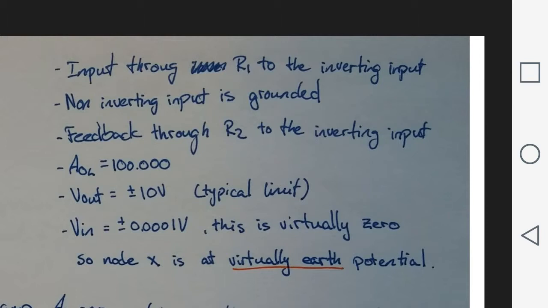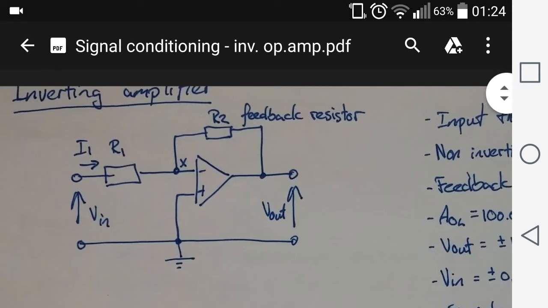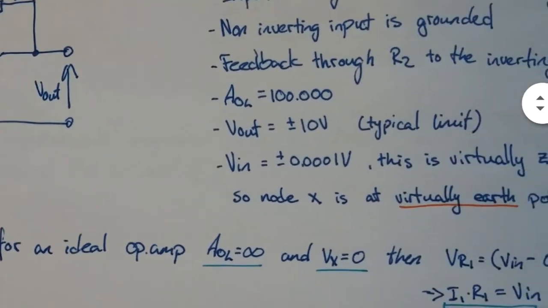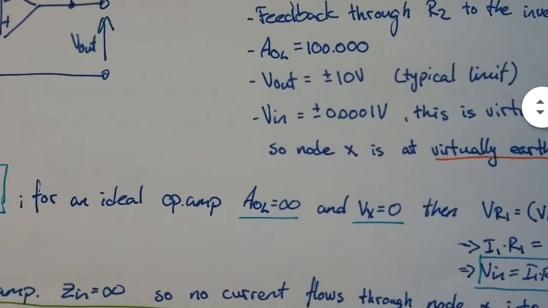The input signal here is said to be very small, about 0.1 millivolt plus minus, and that's why we say that the node X is virtually at earth potential, because the voltage at this node X is so very low. So we say that we have a virtual earth potential.